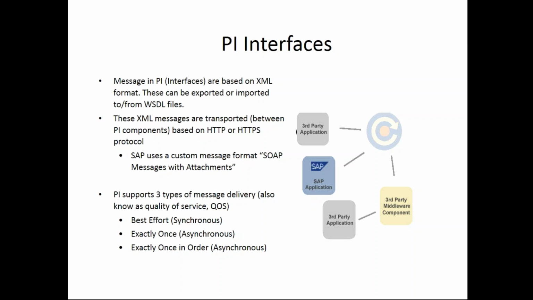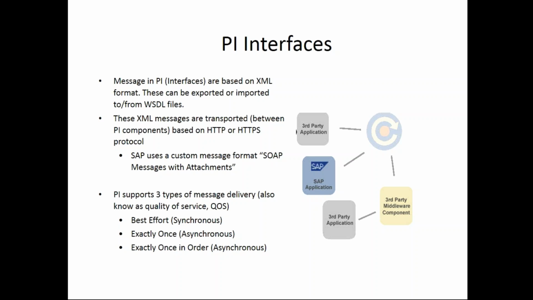So if you have a synchronous type of messaging, then you have to select the message delivery as best effort. Then you have exactly once and exactly once in order, which is your asynchronous mode of data transfer.